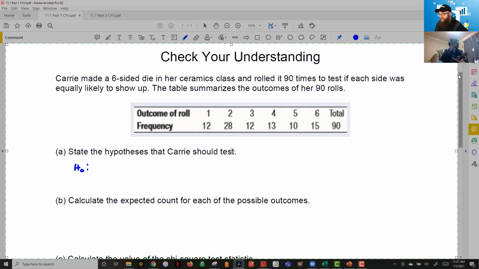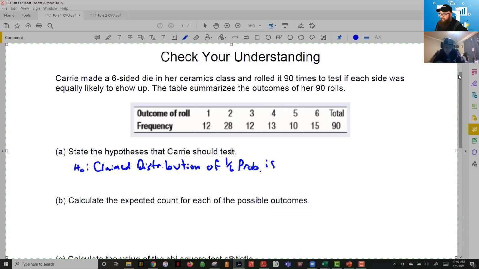For your null hypothesis on this setup, what's your probability of rolling a given side of a 6-sided die? 1/6, exactly. So we write that the claimed distribution of 1/6 probability is true.